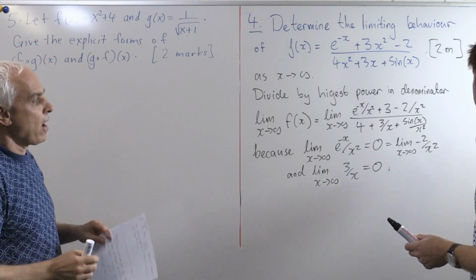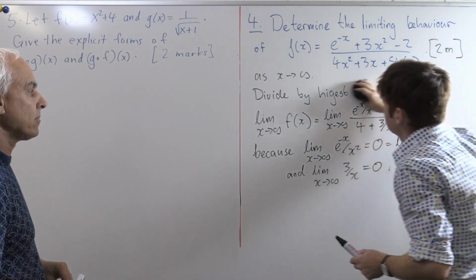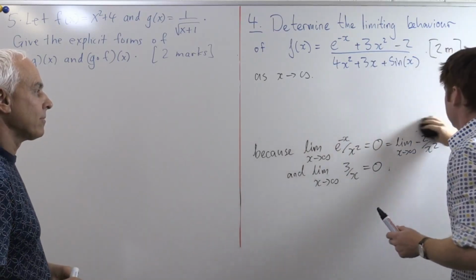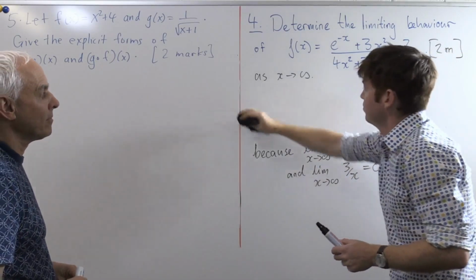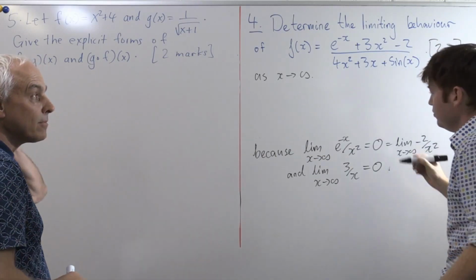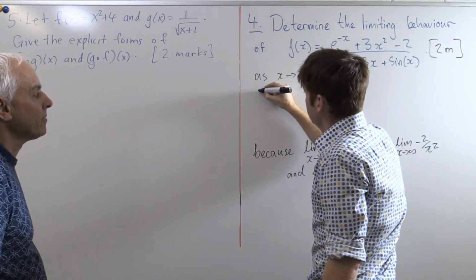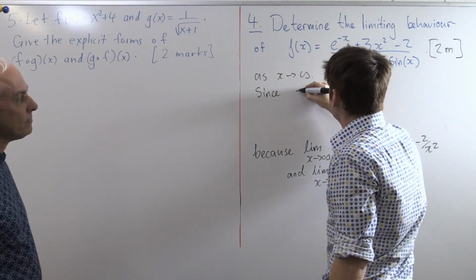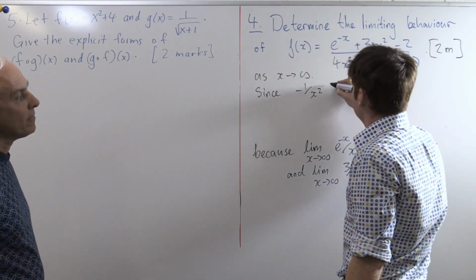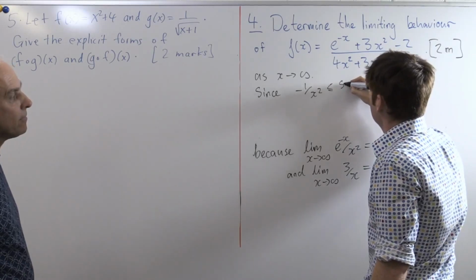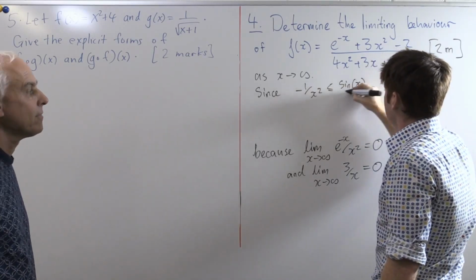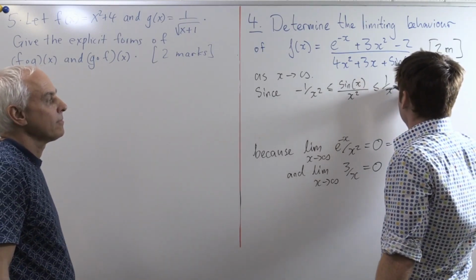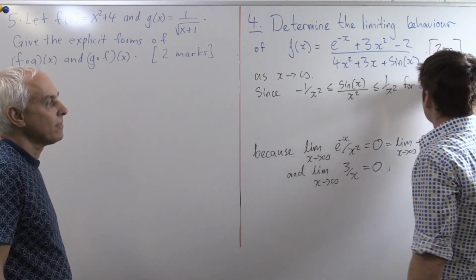So, since negative 1 on x squared is less than or equal to sine of x over x squared, which is less than or equal to 1 on x squared for all x.